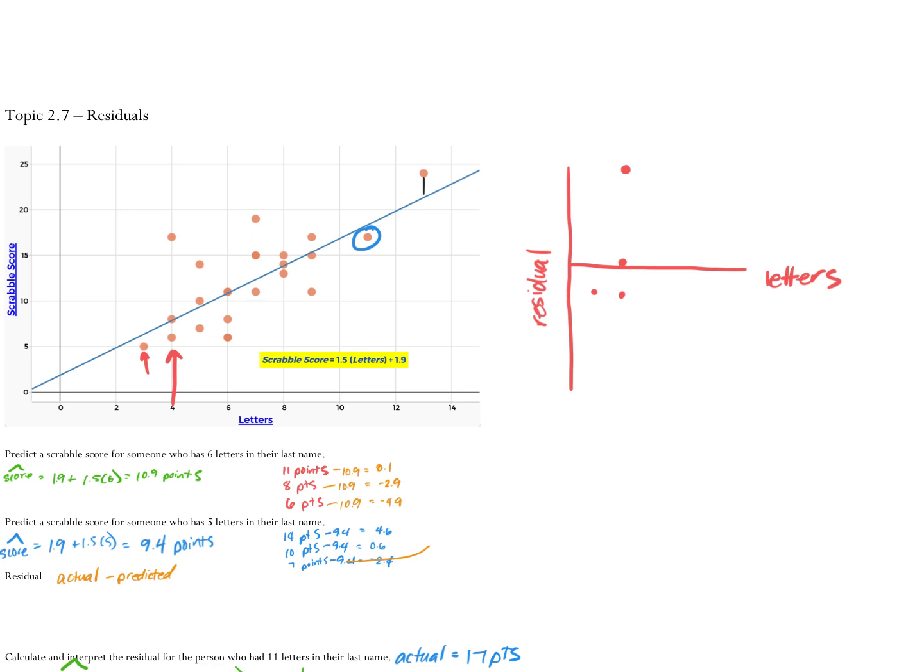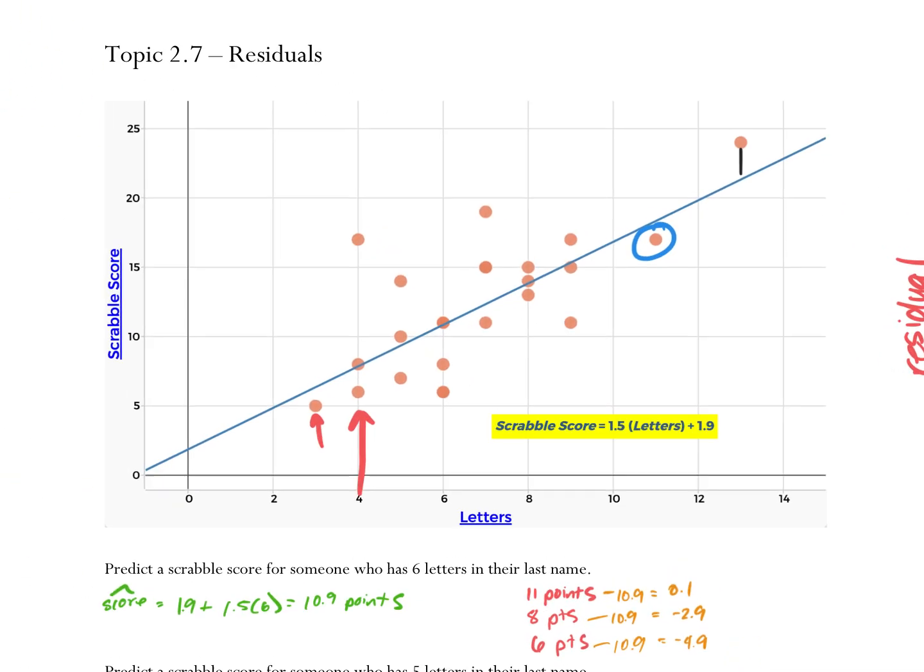Let's say, with my line of fit, we're going to pretend this is the line of best fit. Technically, it's not. It's close, but it's not. What can we say about the residual of all the points above the line? Positive. What's the residual of all the points below the line? Negative. So, if I add them all up, what should I get? 0.